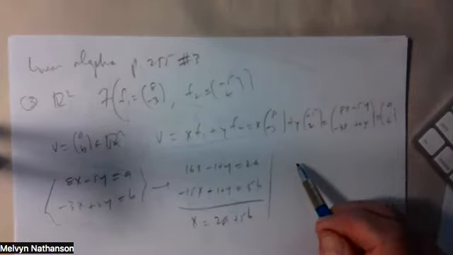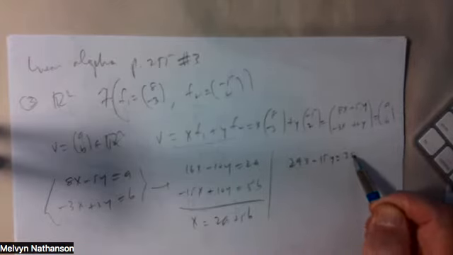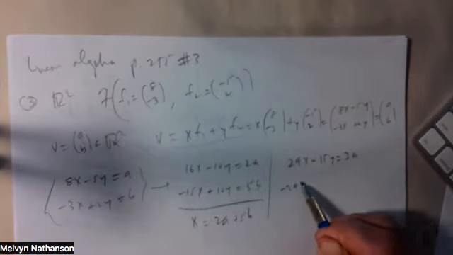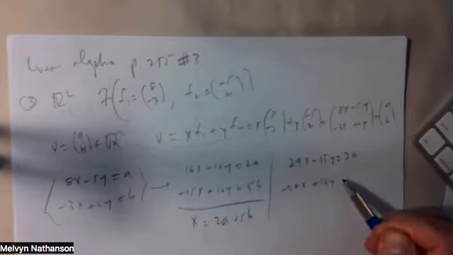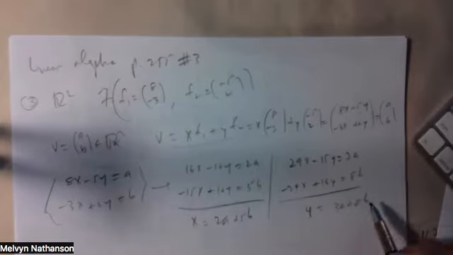And if I were to multiply the first equation by 3, and if I were to multiply the second equation by 8, and I add, I get y = 3a + 8b.